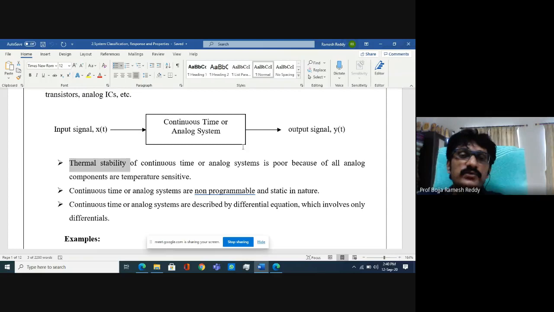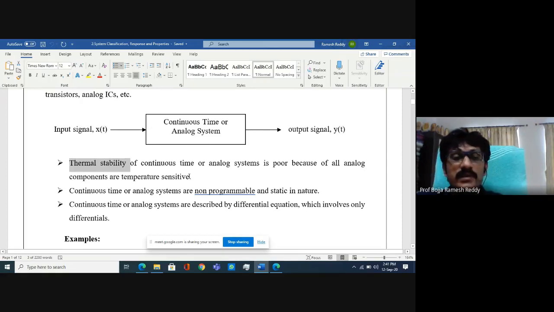If temperature keeps increasing, automatically the reverse saturation current ICO increases, doubling to 2 times, 3 times, 4 times, like that. If reverse saturation current is very high, the collector current increases. IC is equal to beta times IB plus (1 plus beta) times ICO is the formula used to compute collector current IC. Definitely IC is proportional to ICO according to that formula. Then collector current may increase to maximum.